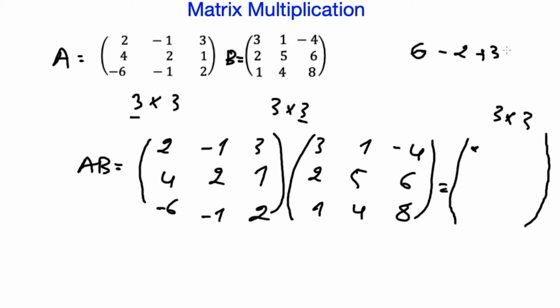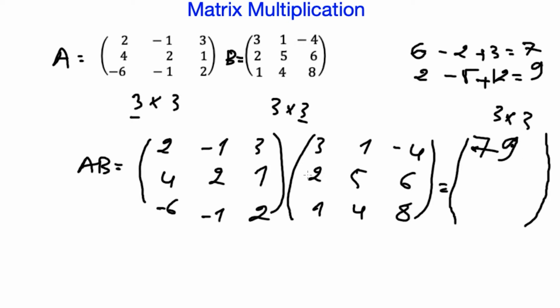So I get 7. At this position we have this row times this column: 2 times 1 is 2, minus 1 times 5 is minus 5, plus 3 times 4, which is 12. So 2 minus 5 is minus 3, plus 12 is 9.